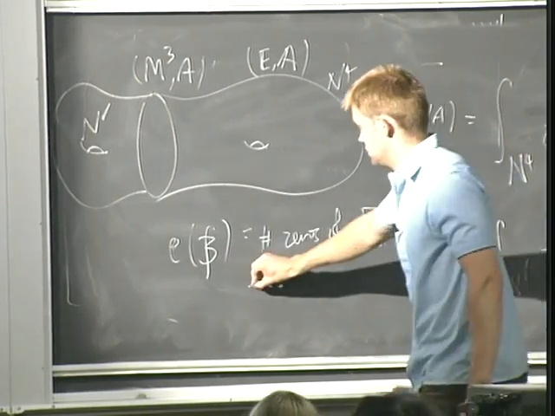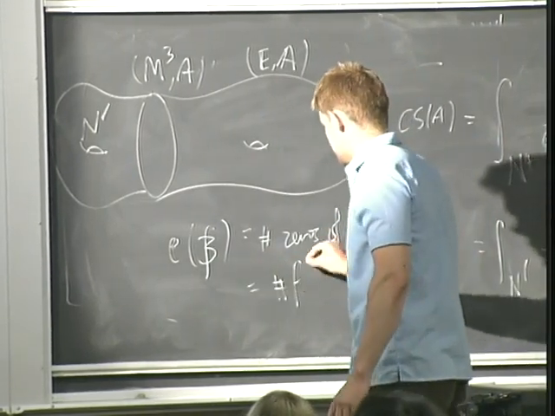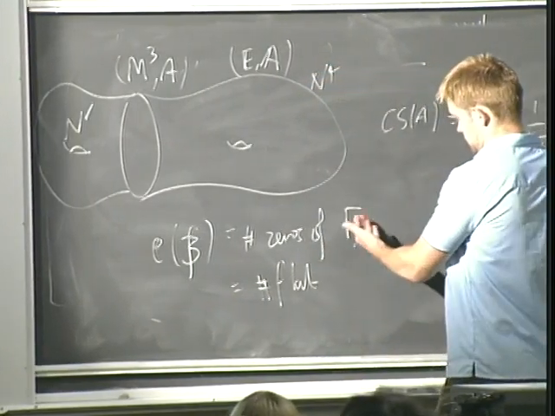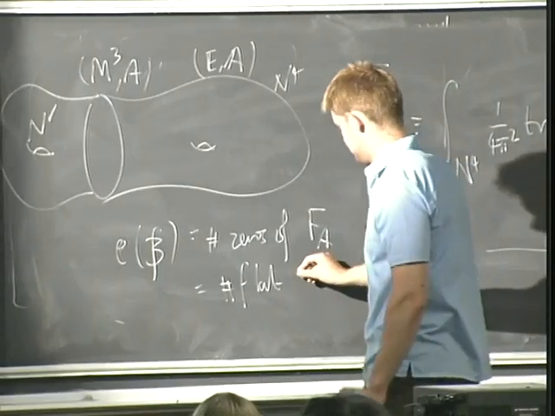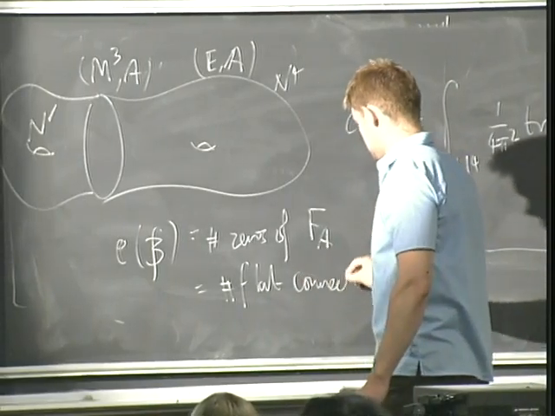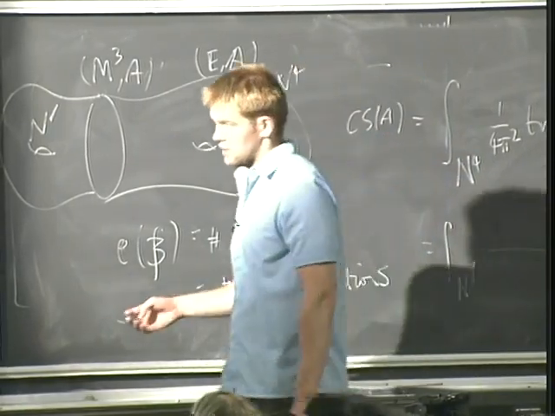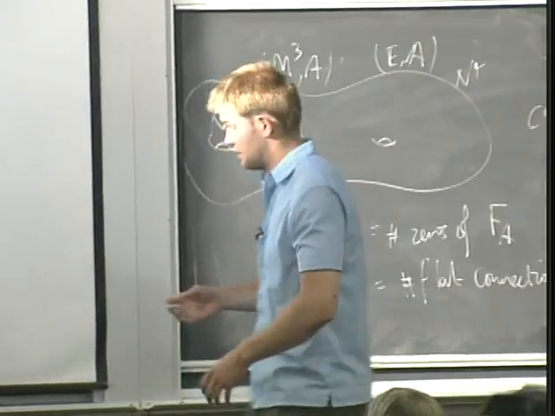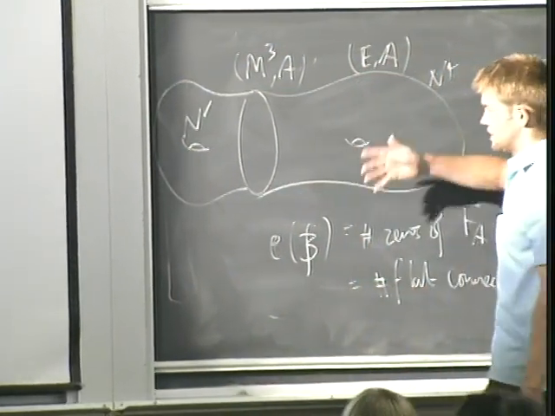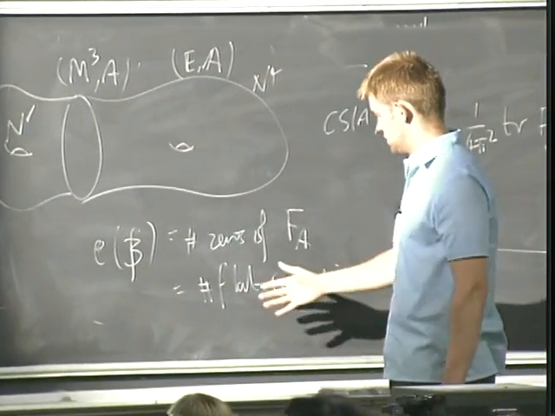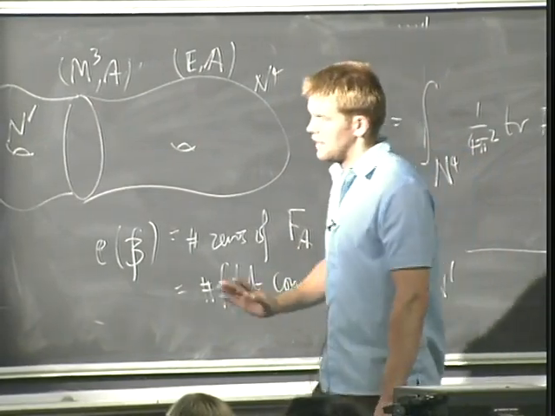But that's the number of flat connections, that's connections with zero curvature. So formally, that's what you'd like to do. Then you can extend that and try and do Floer theory, which is where you do Morse theory with this functional. You take gradient flows of these functionals between these different critical points. And that I haven't got time to talk about.